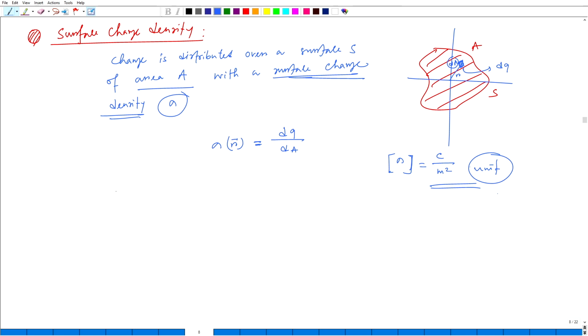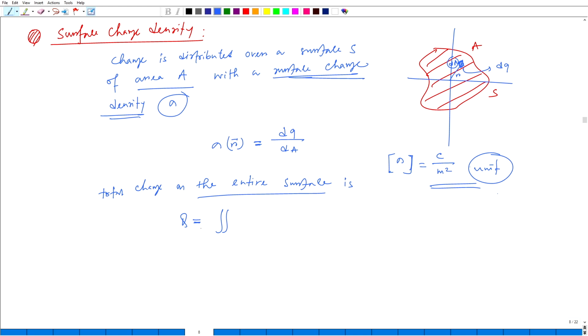So, the total charge on the entire surface, q. Now we do the surface integral instead of the line integral.